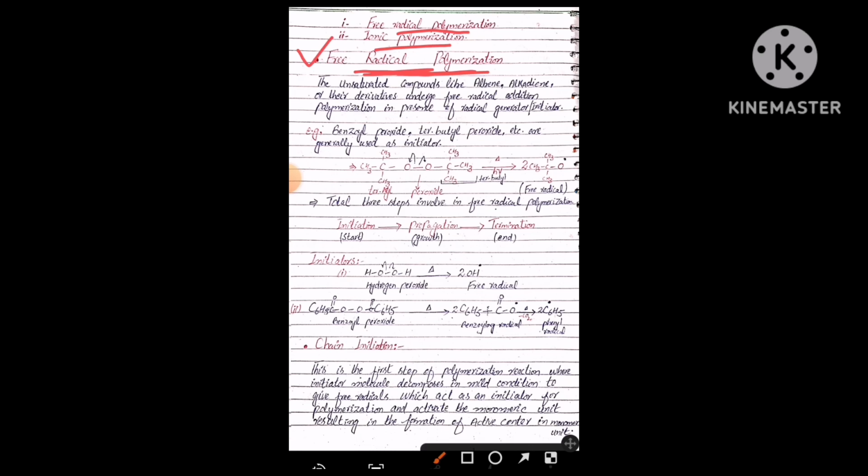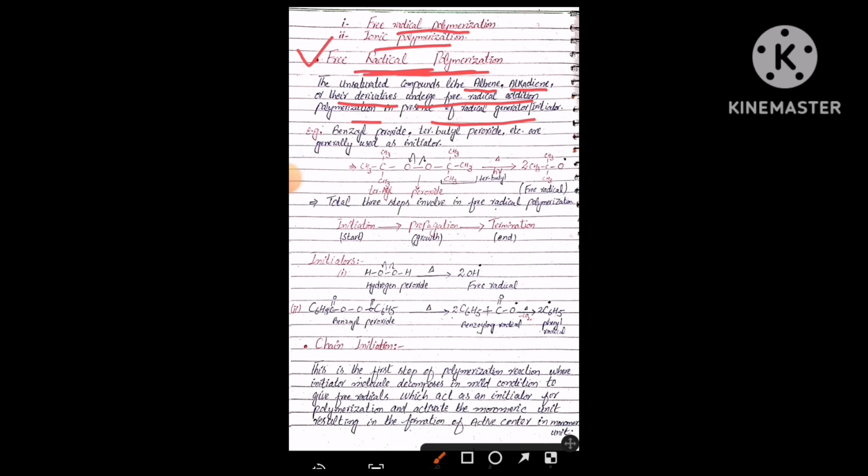Unsaturated compounds like alkenes, alkadienes, or their derivatives undergo free radical addition polymerization in the presence of a radical generator or initiator. Unsaturated compounds means compounds having a double bond.